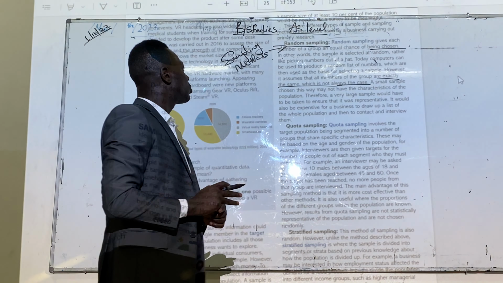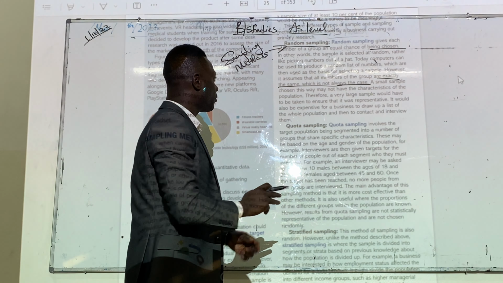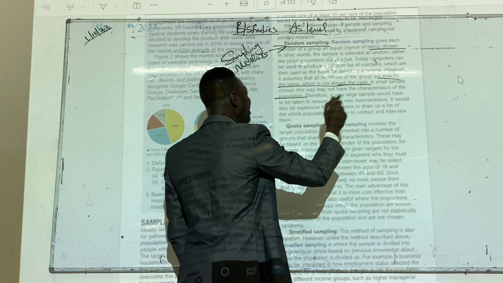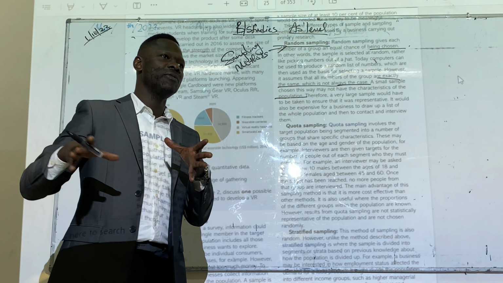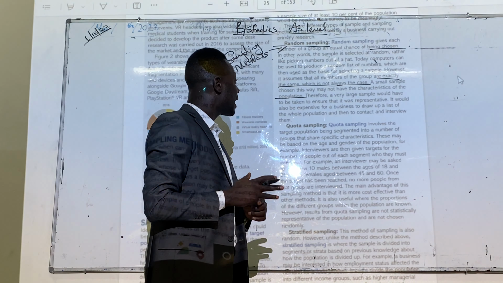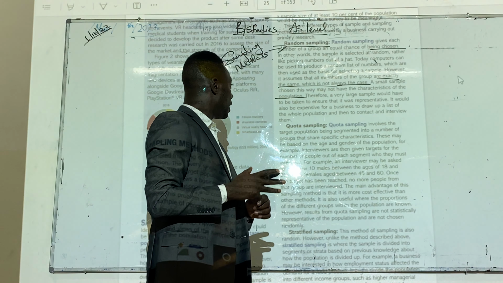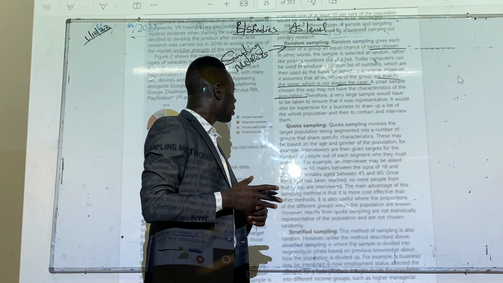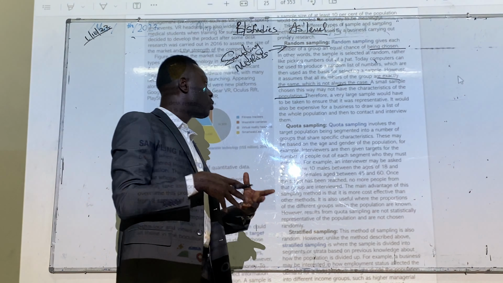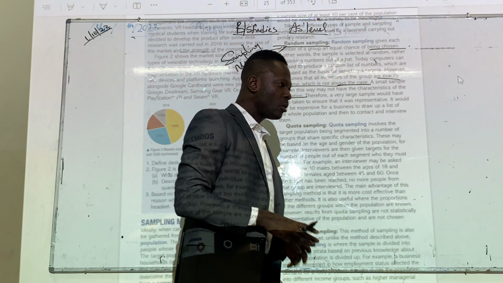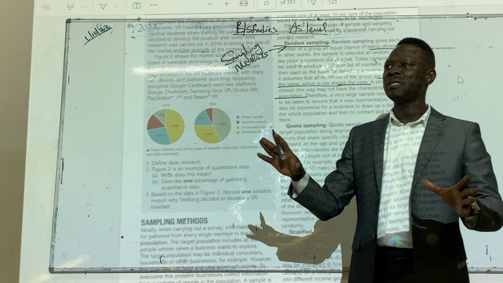A small sample chosen this way may not have the characteristics of the population. It might not be representative of that population. Therefore, a very large sample would have to be taken to ensure that it was representative. It would also be expensive for a business to draw up a list of the whole population and then to contact and interview them. So everything about random sampling is said here.